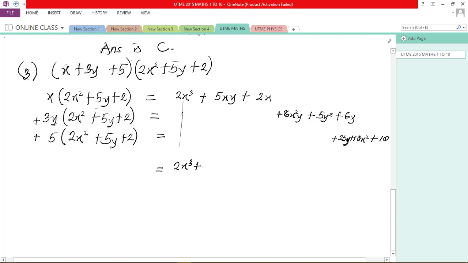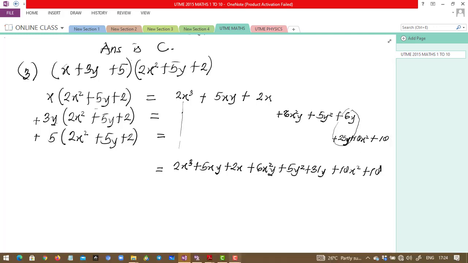Or let me just write it out first. 5xy plus 2x plus 6x squared y plus 5y squared. Then don't forget this 6y and 25y we add together to give you 31y plus 10x squared plus 10. Let's check the answer so that you can be happy.